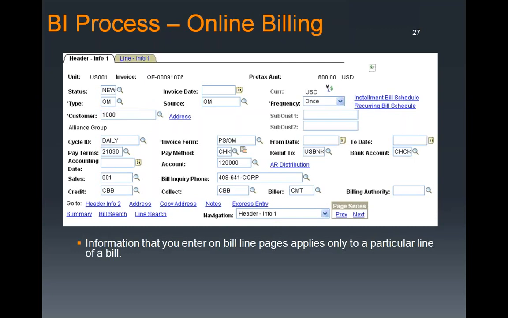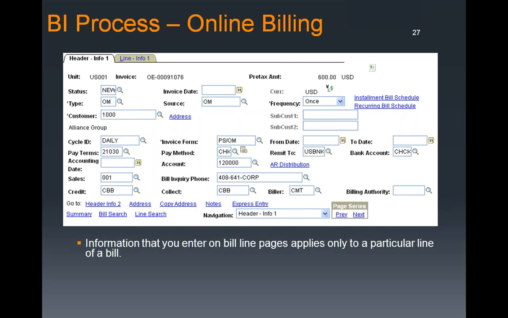If at the customer level the cycle ID is blank, okay? But at the source level it has some value, say daily. So when you select source, the cycle ID is daily, but at the customer level it has a blank value. So then what happens? You select customer number 1000.